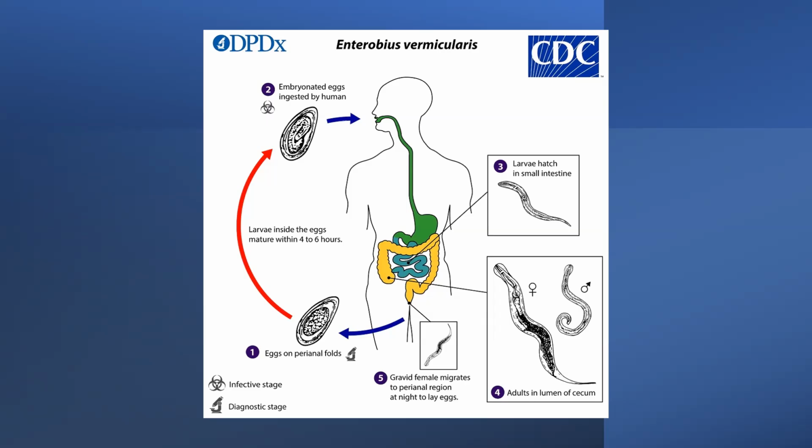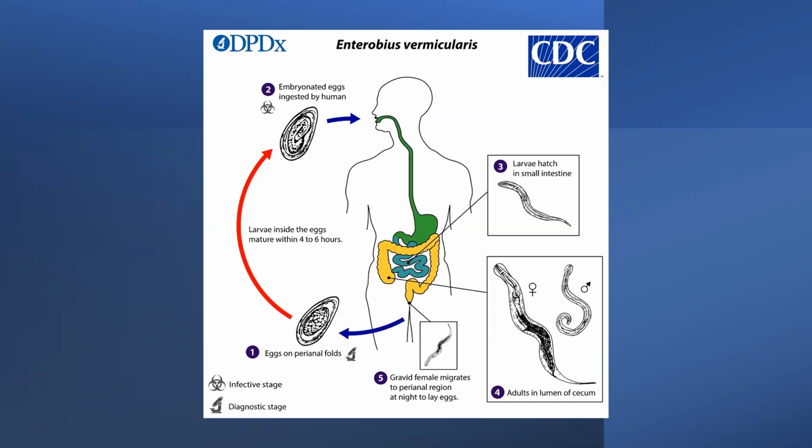Oftentimes these organisms are going to be soil-associated helminths, so you're essentially going to get infected through the soil. Kids will get this because they'll get soil on their hands, put their hands in their mouths, and then they eat pinworm eggs.